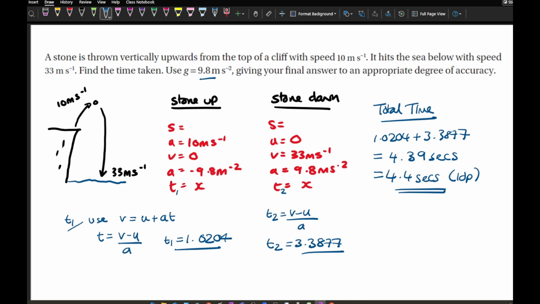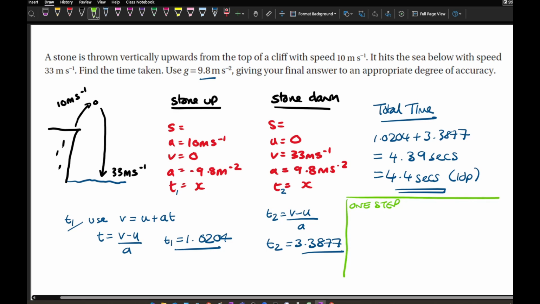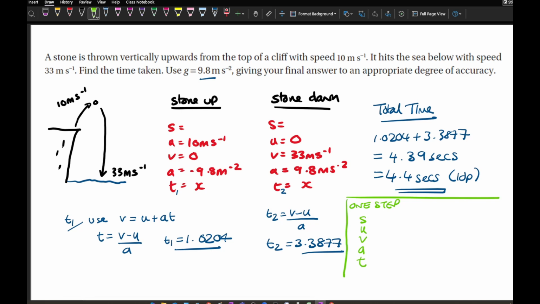Now, it is possible to do this particular question in one step. To do this in one simple step, what you need to do is really get your head around the signs of what we're looking for. So if I use my SUVAT in one step, the initial velocity is going to be 10. We know that the final velocity was 33 meters per second, but that's going in the opposite direction of the initial velocity, so that's going to be minus 33.